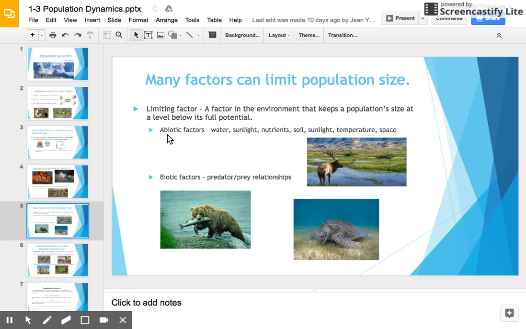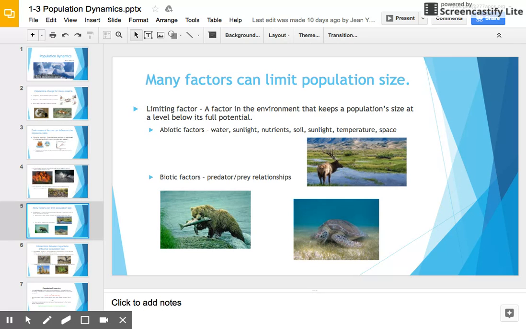Abiotic, remember that means non-living, factors that can limit population size include amount of available water, amount of sunlight, nutrients, something in the soil or amount of soil if it's plants, temperature in the environment, and the amount of space available.